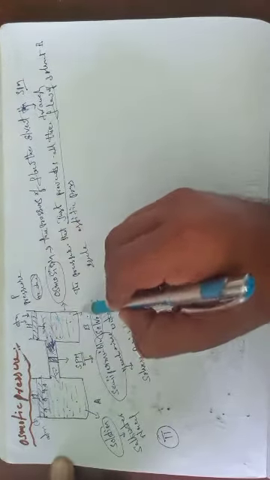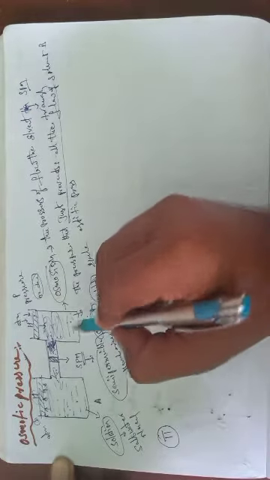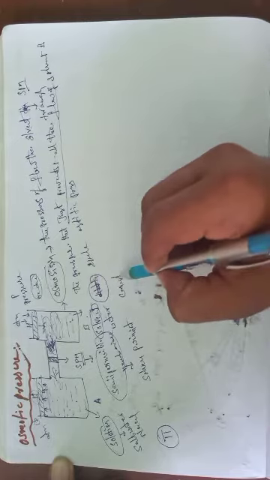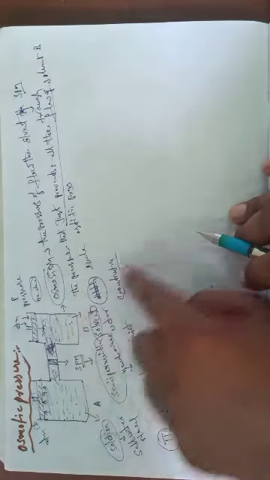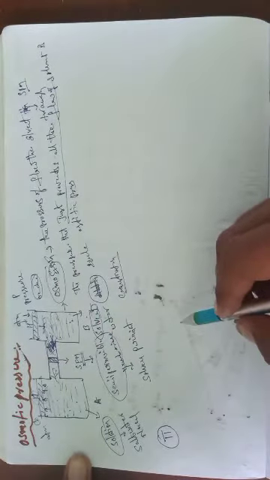Suppose the solution is not a dilute solution; it contains a certain concentration. The solvent continuously flows from B to A because some pressure is applied, that is osmosis.